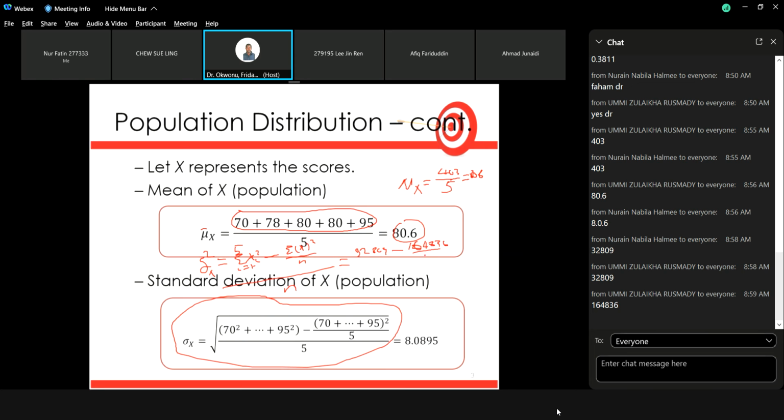Divide by 5, all over 5. So here you have 32809 minus this. Now 164836 divided by 5 is what?